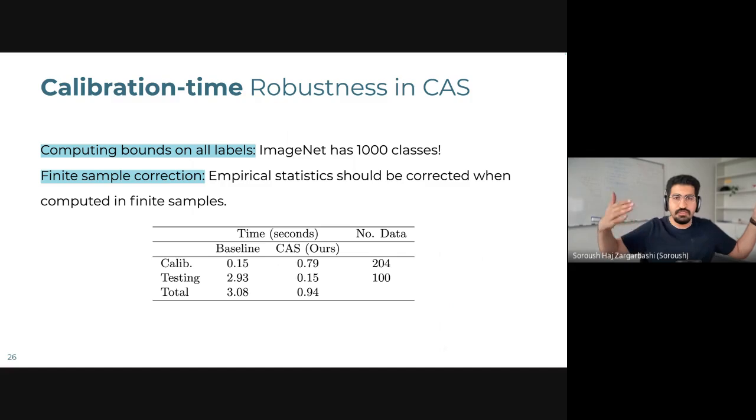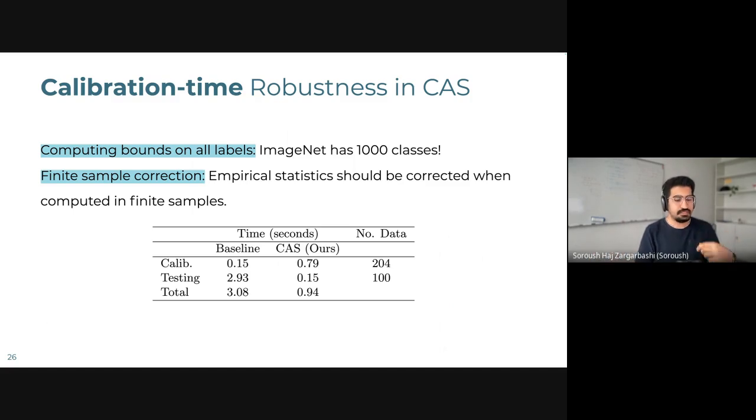So I'm really quicker in the speed of computation at test time. And as you can see, for example for 100 test points, we already gain a lot of computational efficiency. But the test time robustness also hurts the prediction set size.